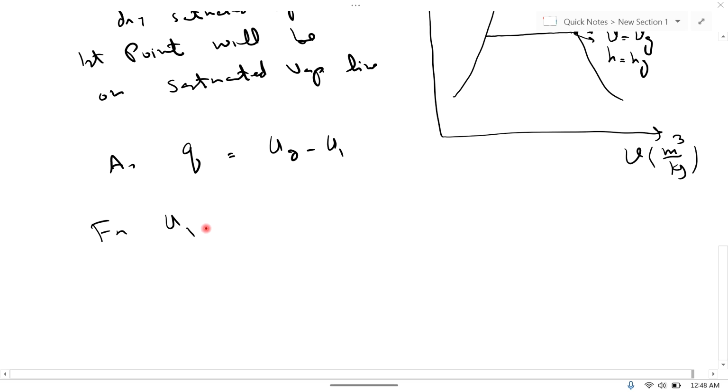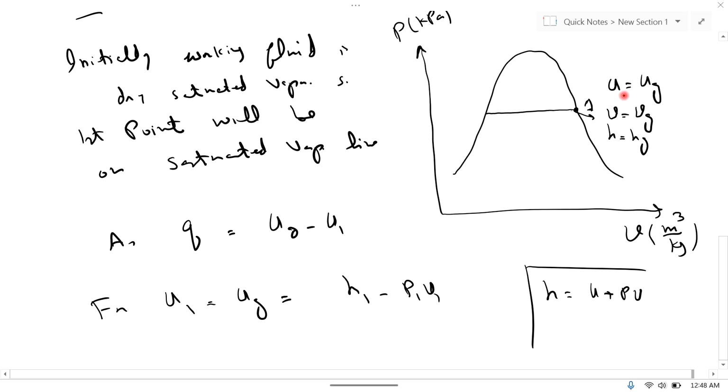So for U1, which is equal to Ug, we will use the formula H is equal to U plus PV, so U is equal to H minus PV. And we know that U1 is equal to Ug is equal to H1 minus P1 V1.